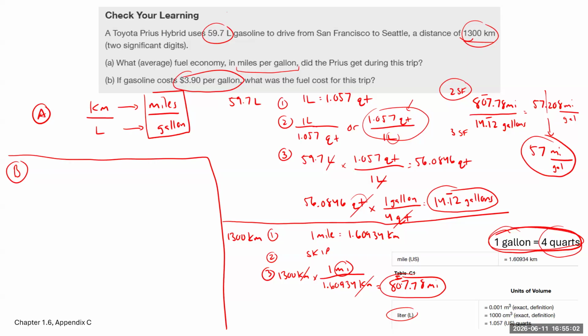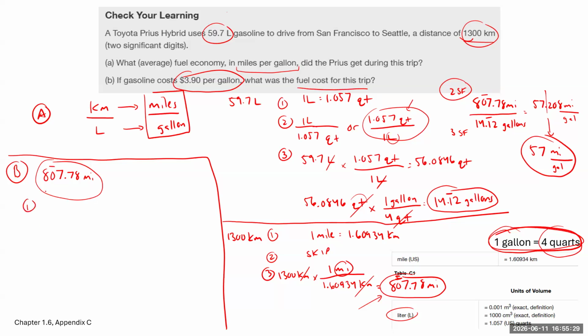We drove, let's see, 807.78. I'm going to put the overline here. Miles. This is our original value. We're trying to convert that to dollars, basically. What was the fuel cost, right?